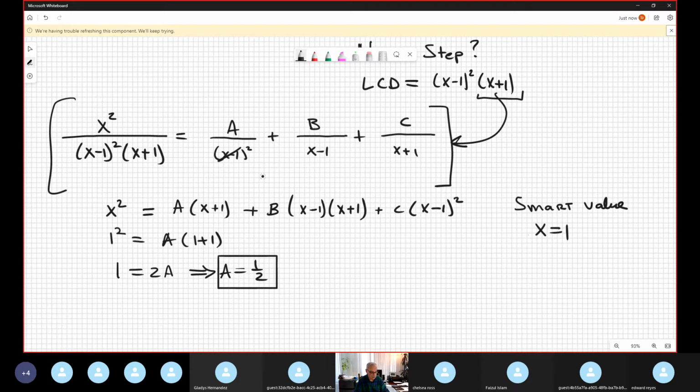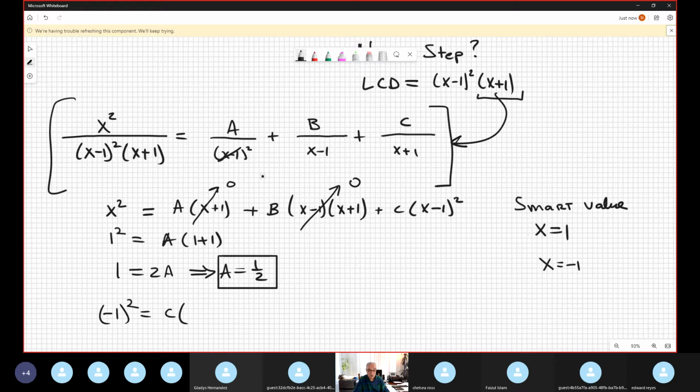Now, another smart value is negative 1. How do you know it's a smart value? Because when you plug in negative 1, the a term is 0, the b term is 0, and the c term is not 0. It allows me to find the c value. You replace x with negative 1. Be careful with the signs, because it's negative 1 squared. The a term disappears because negative 1 plus 1 is 0.